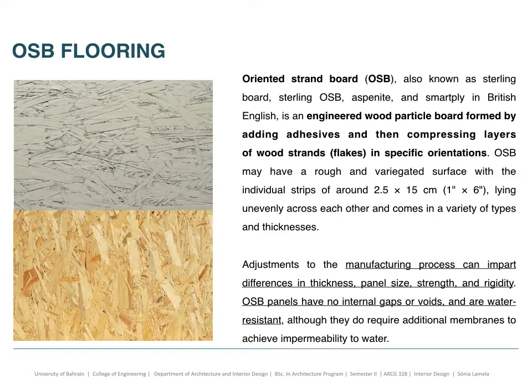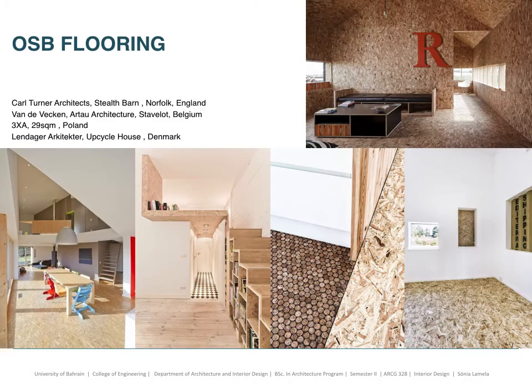Because of this irregularity, they can impart some differences in thickness, panel size, strength, and rigidity. They have no internal gaps or voids, and they are also water resistant, but they require additional membranes to make them impermeable to water. There are some pictures here with different examples of the use of OSB in flooring, walls, and staircases.